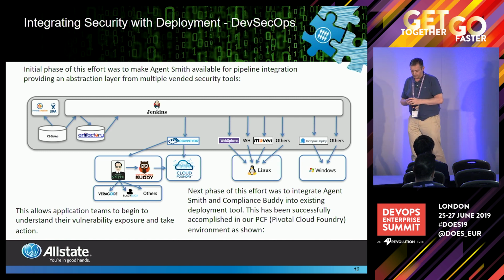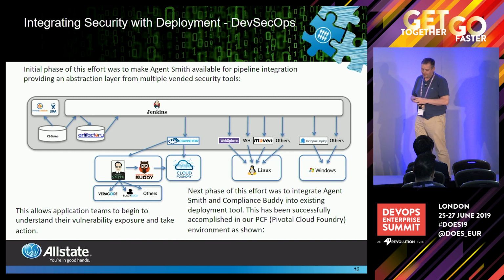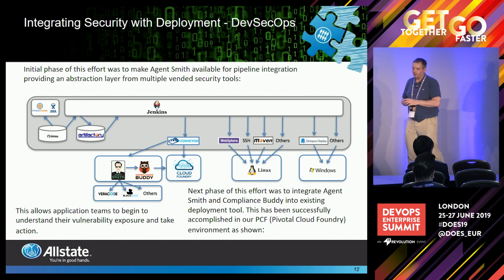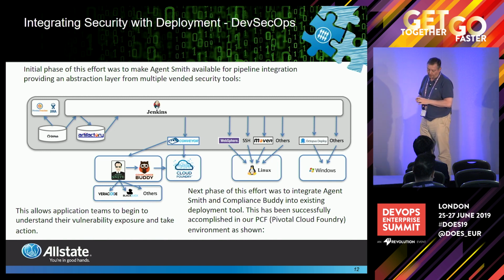and the thing that stood out to me was there was no mainframe on it. So lots of Jenkins, lots of Pivotal Tracker, lots of WebSphere. You see Agent Smith and Compliance Buddy. Those are some internal security and auditing tools that Allstate built for cloud. And we thought, well, we should be able to use them for mainframe too.